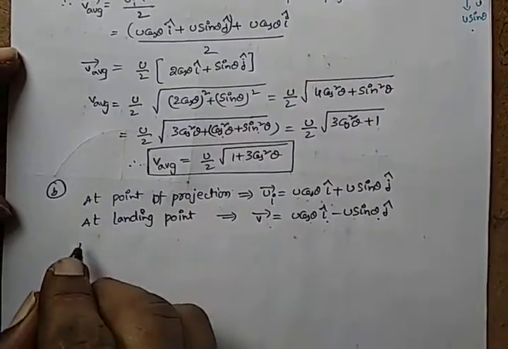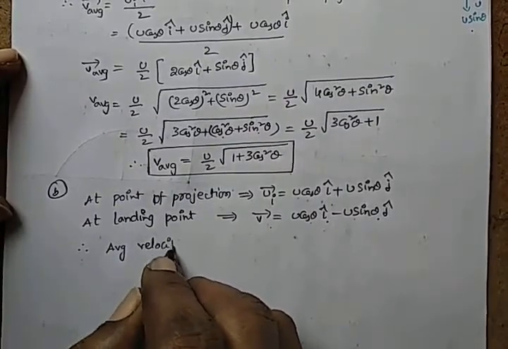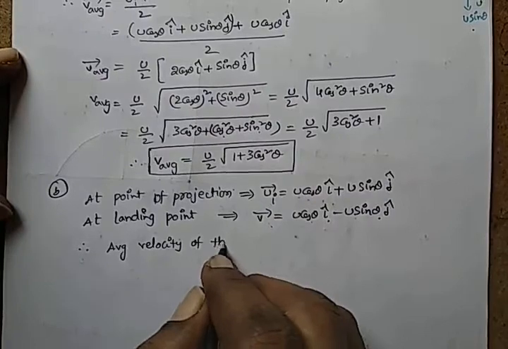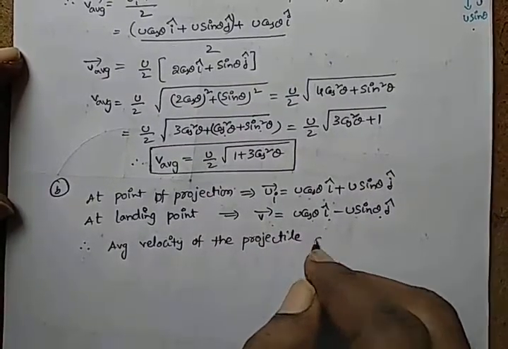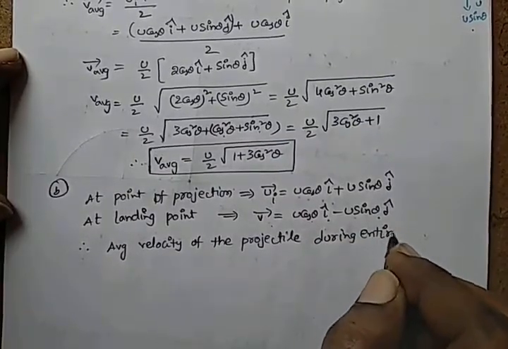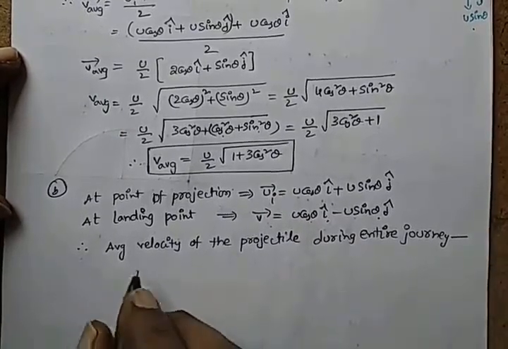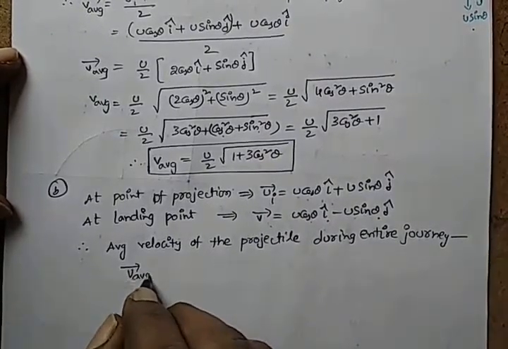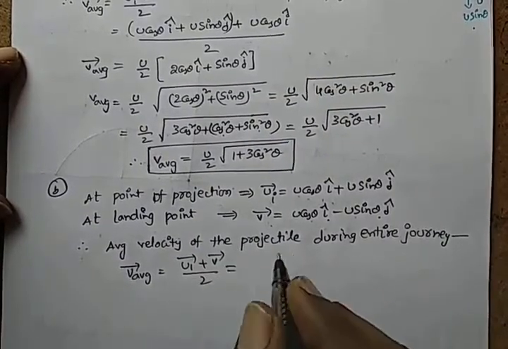Therefore, average velocity of the projectile during entire journey is v average equal to (u initial plus v) by 2.